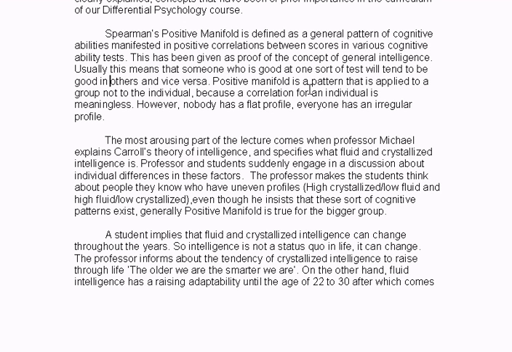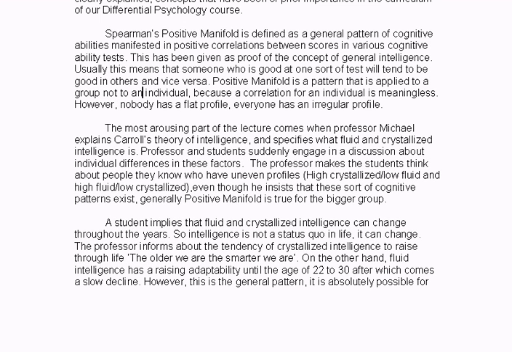Positive manifold is a pattern that is applied to a group, not to an individual.